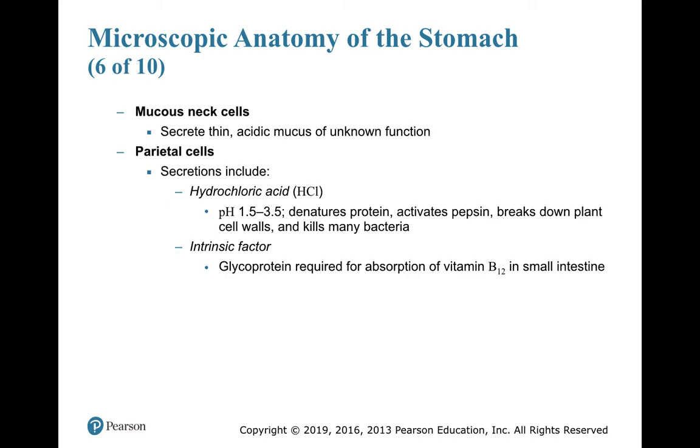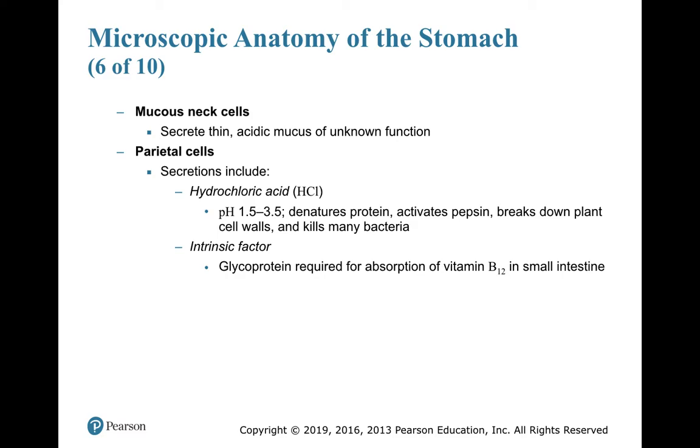So the mucous neck cells secrete a thin acidic mucus. We don't really know what its function is. Most of the mucus in the stomach is basic mucus to counteract the acidity. Parietal cells secrete hydrochloric acid, which has a pH around 2, and it denatures proteins, unfolds them.